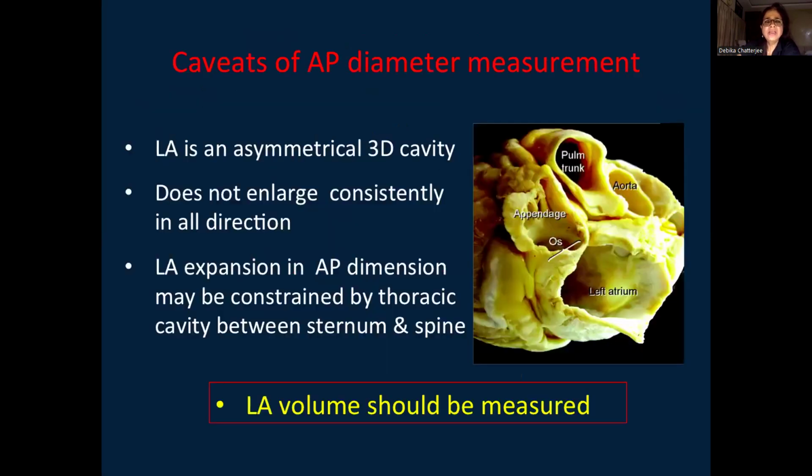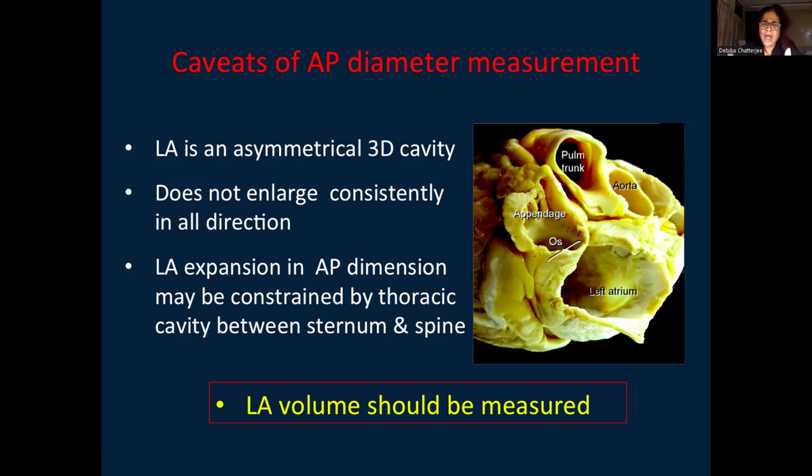See, there are caveats in the anteroposterior diameter measurement of LA, because if you look at this model, the left atrium is an asymmetrical three-dimensional cavity. It does not enlarge consistently in all directions. Moreover, LA expansion in the anteroposterior dimension may be constrained by the thoracic cavity between the sternum and the spine.